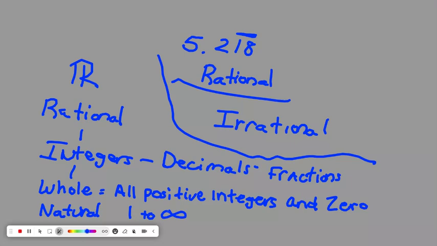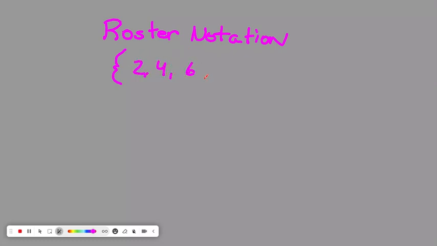All right. The last topic we'll talk about is notation, which we mentioned before. So let's clear this out. Change the color. So the first notation is roster notation. And you've seen it before in the video. Roster notation has those braces. And so let's say, for example, we had 2, 4, 6, 8.